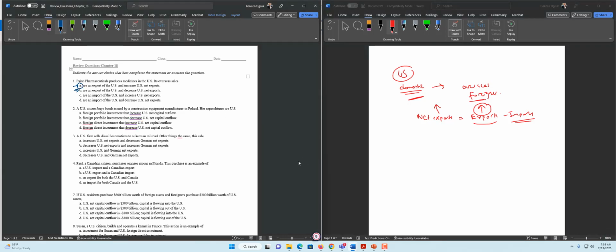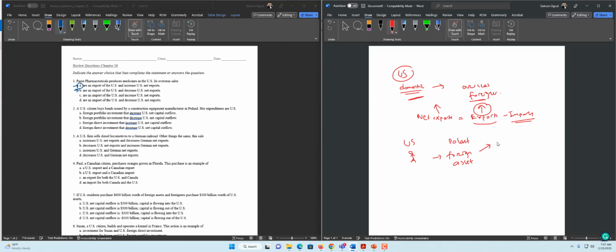Now, let's look at the second question. A US citizen buys bonds issued by a construction equipment manufacturer in Poland. So, we know that this US citizen buys foreign assets. How do we know? Because it's from Poland. And first we need to identify what type of investment it is.